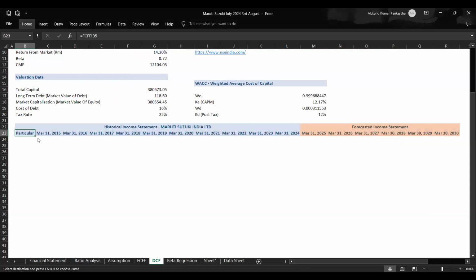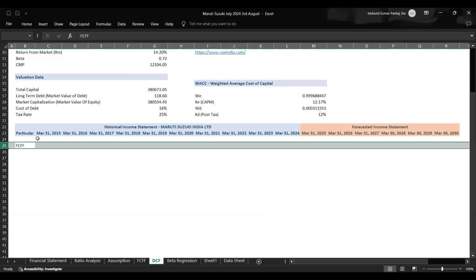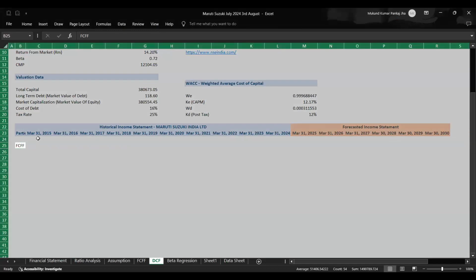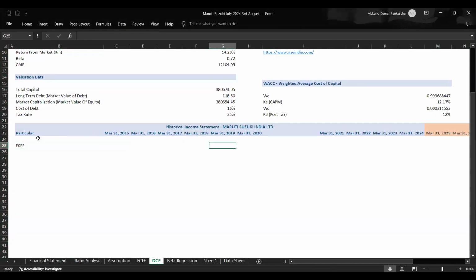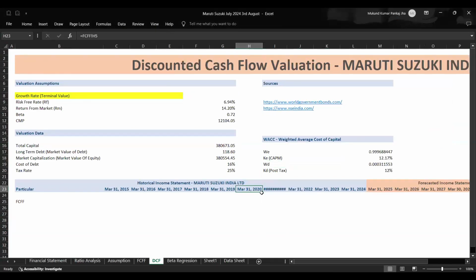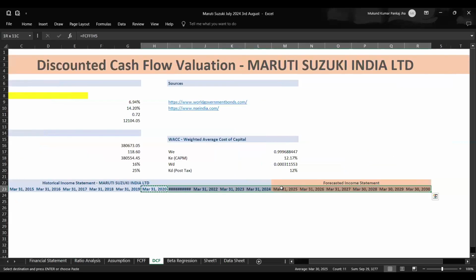So these are the future years. We have calculated FCFF, free cash flow to firm. Just give me a second. Alt HOI to adjust everything accordingly. We have done Alt HOI.